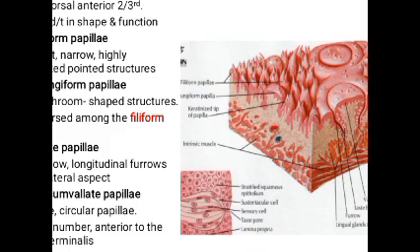Fungiform papillae are mushroom-shaped structures interspersed among the filiform papillae. 3. Foliate papillae are shallow, longitudinal furrows on the lateral aspect. 4. Circumvallate papillae are large, circular papillae, 10 to 15 in number, anterior to the sulcus terminalis.